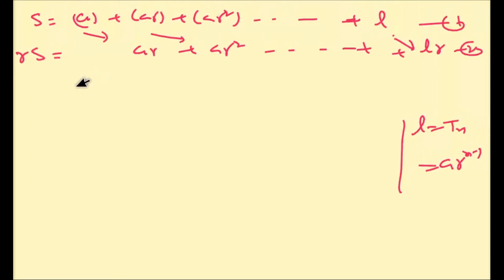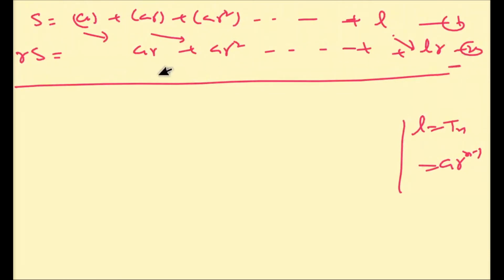Now if we subtract this, what do we get here? You can see these are the same terms, this will be cancelled, this will be cancelled and this will be cancelled. What is left here? S(1 minus r), and here is a, and here is minus lr.